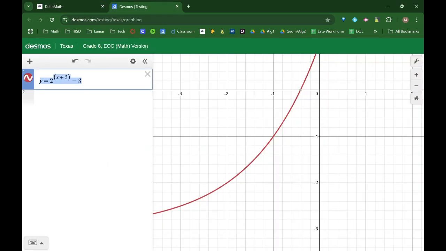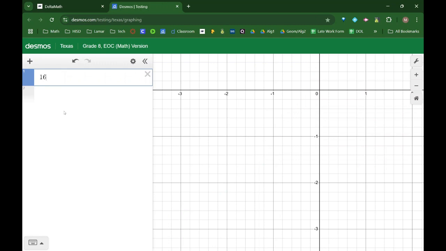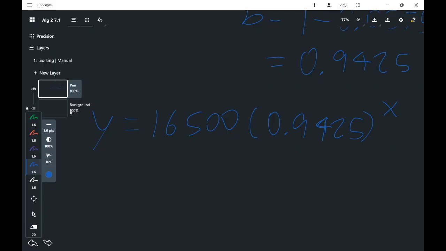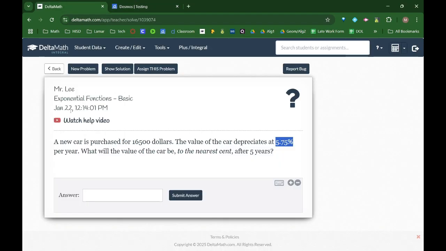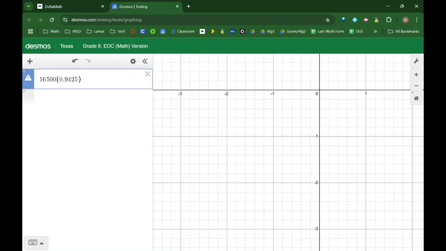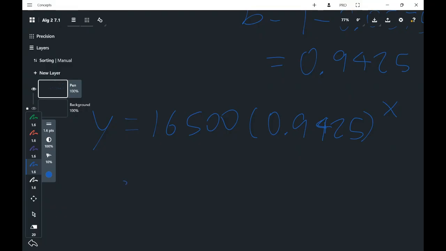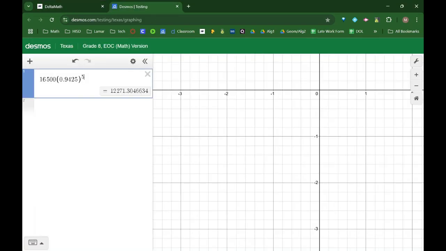And what we can do now is we can literally just plug in 16,500 times 0.9425 to the power of, in this problem, we're looking for the value after 5 years. So I'll plug in a 5. It becomes this. So after 5 years, so our x is 5, the y is 12,271, and we want it to the nearest cent.